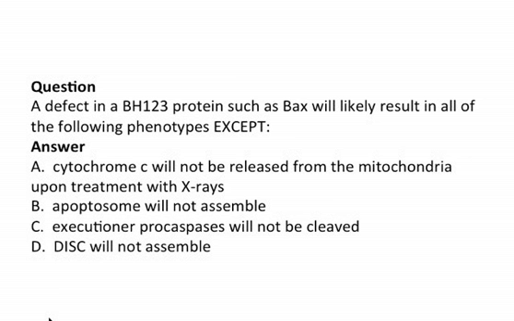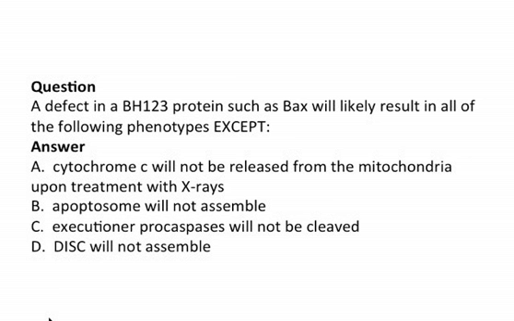Okay, a defect in BH123 proteins, such as BAX, will likely result in all of the following phenotypes except. So this should be pretty easy because one has nothing to do with the intrinsic pathway. Which one is it? D. Yep, the DISC is involved with the extrinsic pathway of apoptosis. So cytochrome C, right? BH123 proteins oligomerize and form the pore and allow cytochrome C to be released.